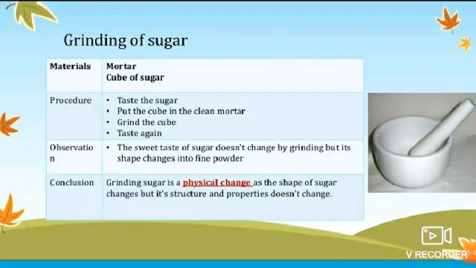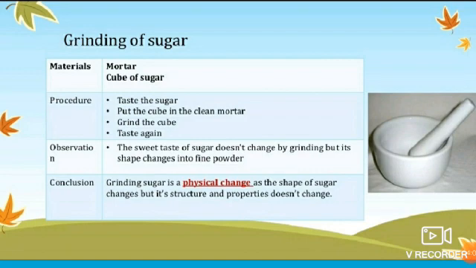Grinding of sugar. With this example, we are showing the physical change. For this, we need some materials like a mortar and a cube of sugar. The procedure is: take the sugar, put the cube in the clean mortar, grind the cube, and taste again.